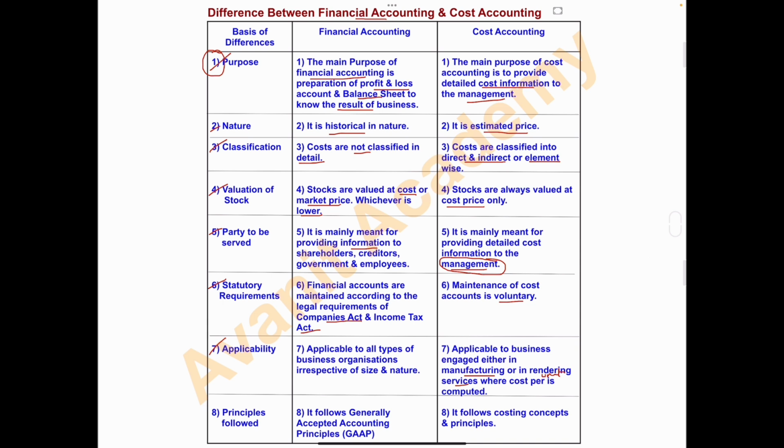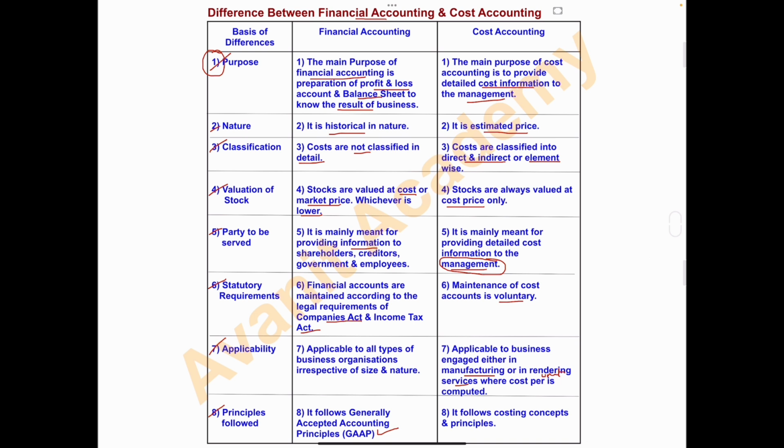And the last point is principles followed. In financial accounting, it follows generally accepted accounting principles, that is GAAP. GAAP full form is Generally Accepted Accounting Principles. So financial accounting follows the rules or the principles of GAAP. Cost accounting follows the costing concept and principles.